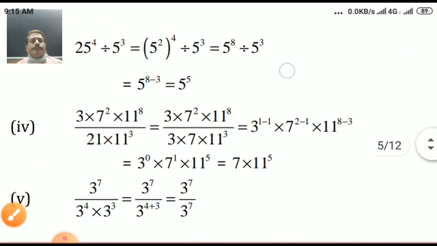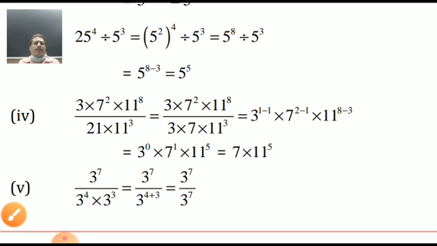Correct. Look at here. All the prime numbers are there. Yes, 2, 3, 7. 21 is not a prime number. Convert it. 21 is 3 into 7, because I want 3 and 7, whatever is given in the numerator side. Yes, my dear students. So 3 minus 3, divide it or cut it directly. We know cutting. And 7 raised to 2 minus 1, and 8 minus 3. Altogether 1 into 7 into 11 raised to 5.